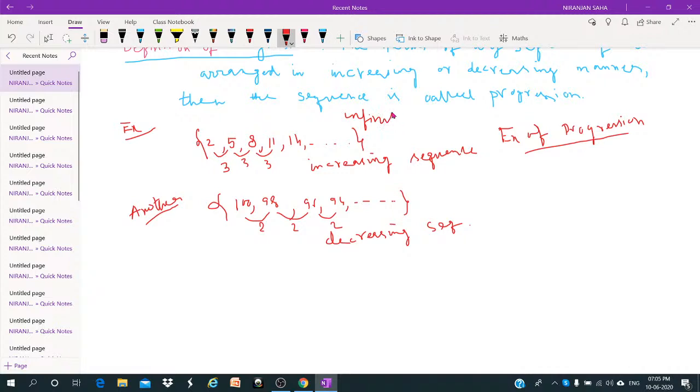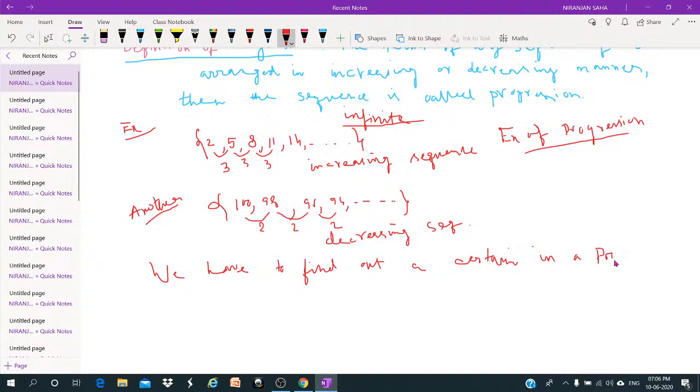So how can we find a certain term in a progression? Take the nth term in a progression.